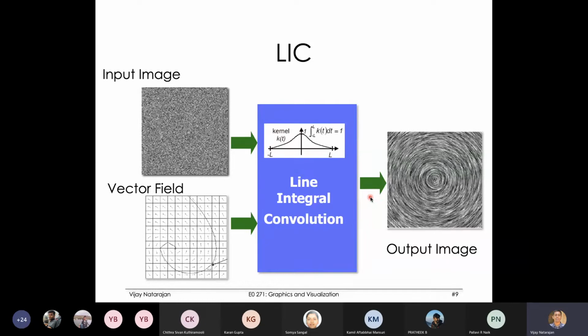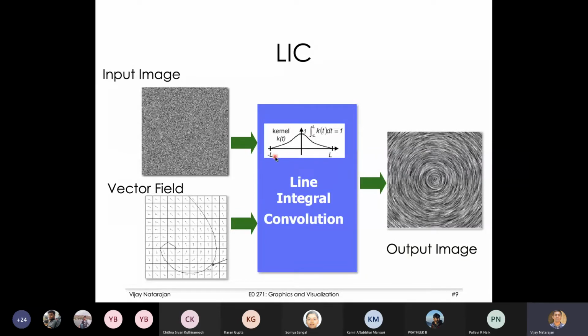You have your vector field as input, as shown here on the lower left. You take an input image, which is a noise image, random noise, right? And you use the vector field to convolve. At each point, you compute this line integral convolution, which is computed as follows.